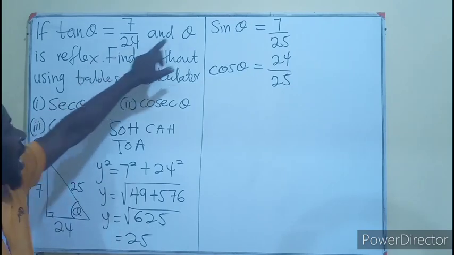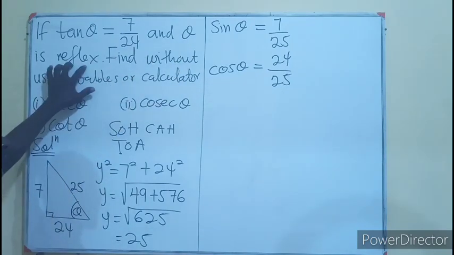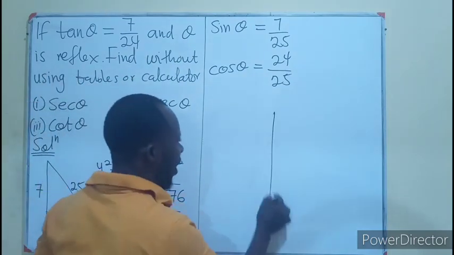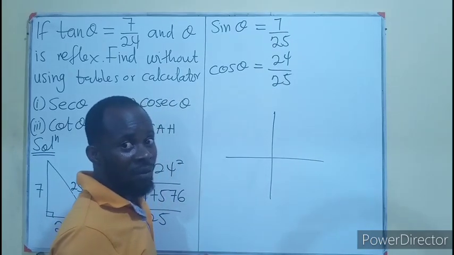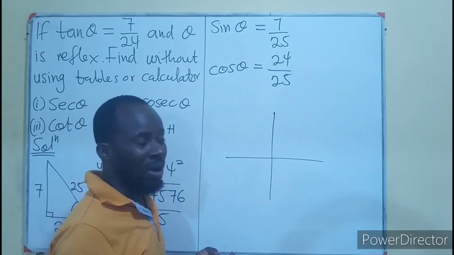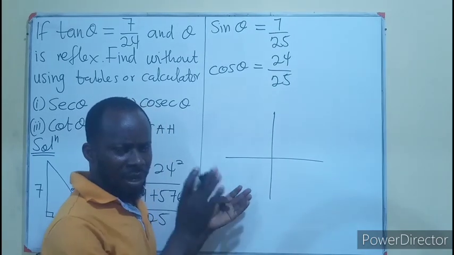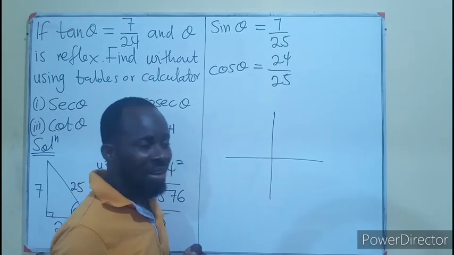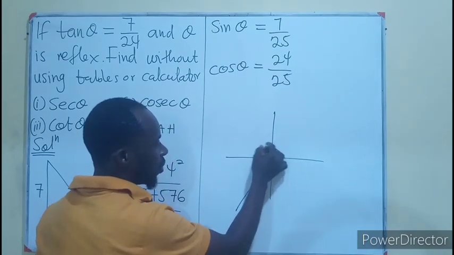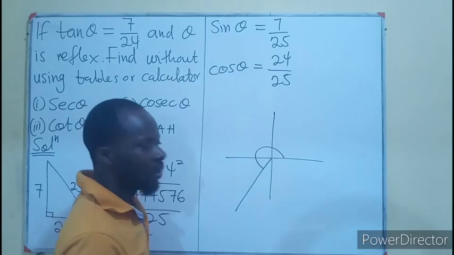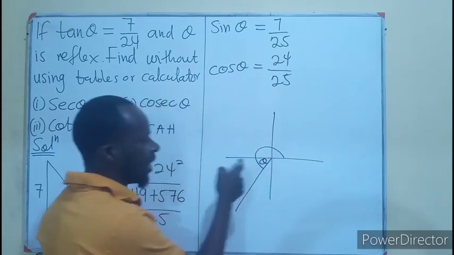But the question says that the angle theta is a reflex angle. If you take your Cartesian plane, a reflex angle is an angle between 180 and 270. So this angle is going to be here. This is a reflex angle. So the angle theta is in this quadrant.